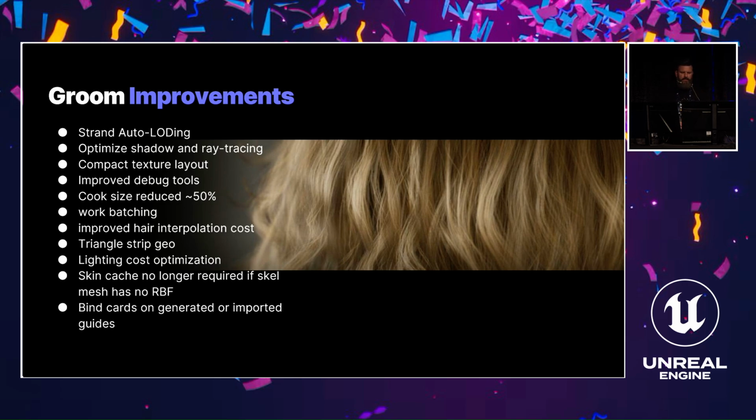And the tangent map is packed together with the strand U in the alpha channel, and this map is between 512 and 256. Cook optimizations were also done, which reduced the cooked groom asset by about 50%, which is really awesome. More optimizations and improvements have been made, and there's also a really cool new hair card generator that also came out with 5.4.